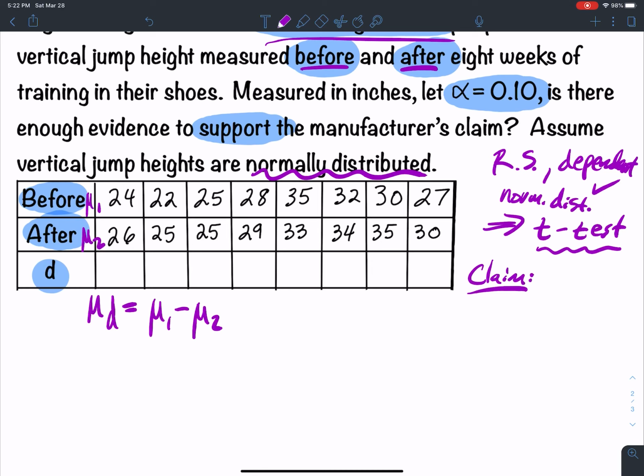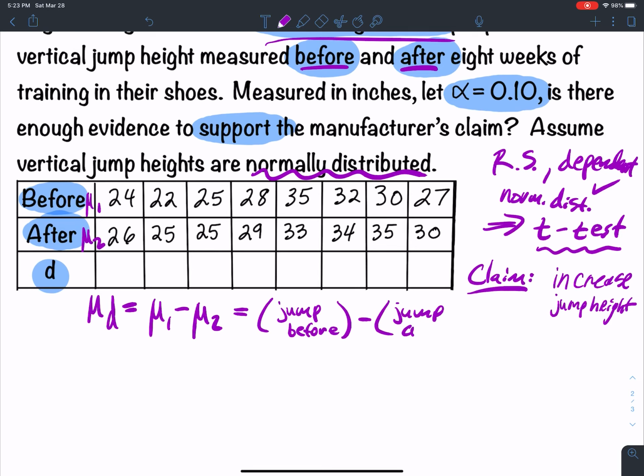Now, if my jump height is going to be increased, this is the hardest part of the test, I think: figuring out what to call mu d. So increase the jump height, that's the claim. How do I write that in terms of mu d? This is equal to the jump before minus the jump after.